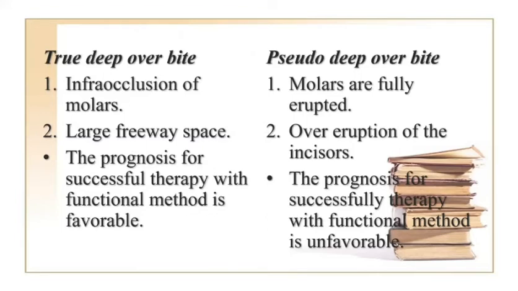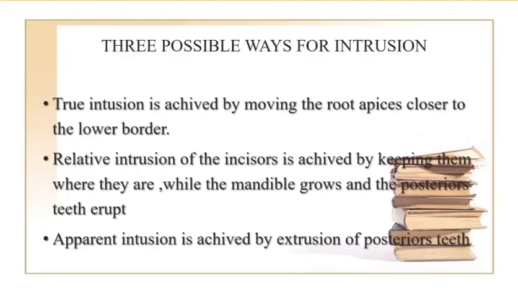The prognosis for successful therapy with functional method is favorable in this case. Coming to the pseudo deep bite, your molars are fully erupted, over eruption of incisors is there. The prognosis for successful therapy with functional method is unfavorable in this case.